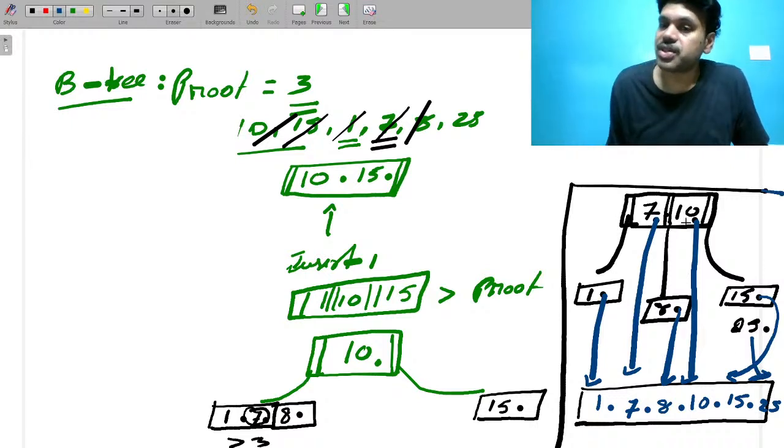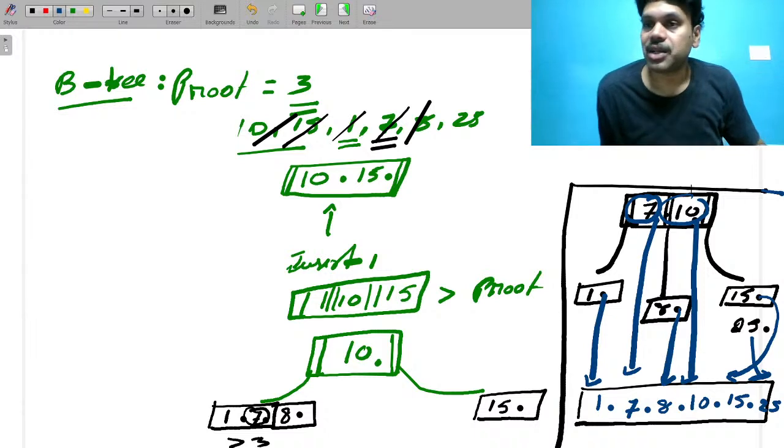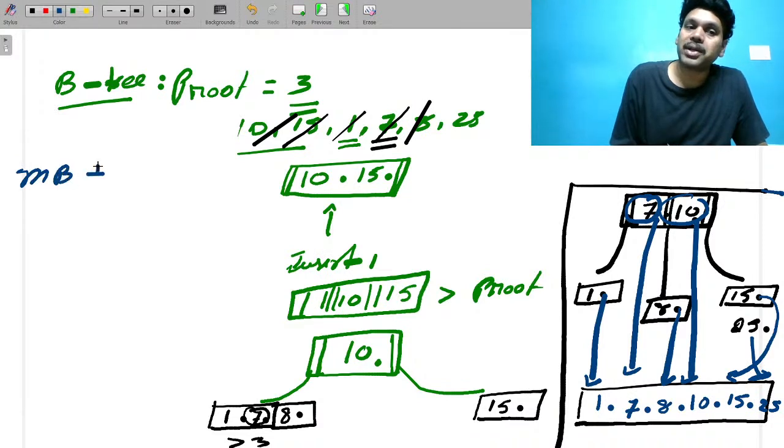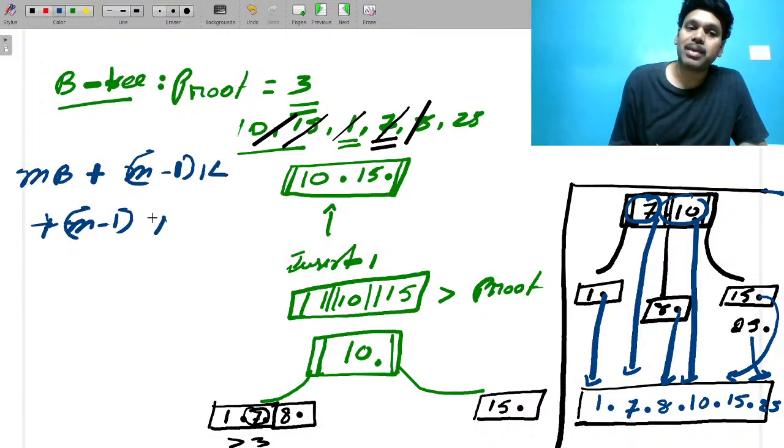If you want to search a record, you search from the root as well as internal nodes, use the pointer, and get your record. That's why the B tree structure has M block pointers, M minus 1 keys, and M minus 1 record pointers available in your particular block.